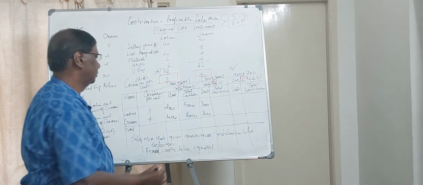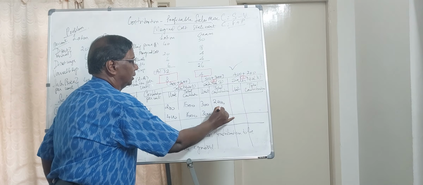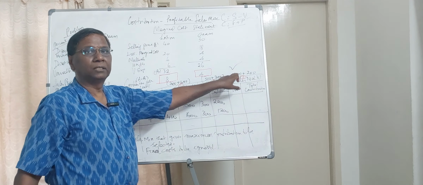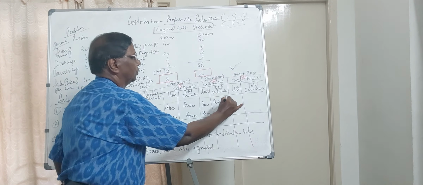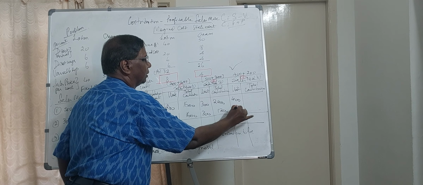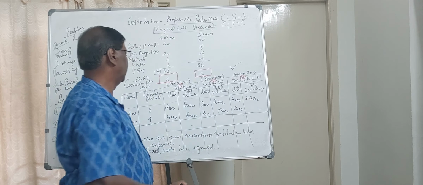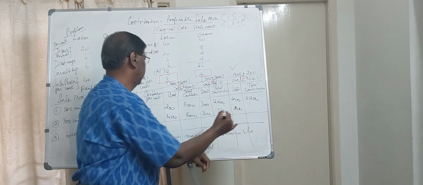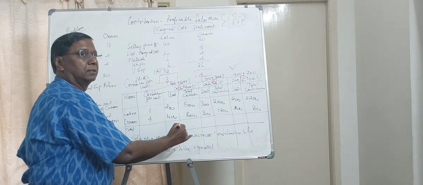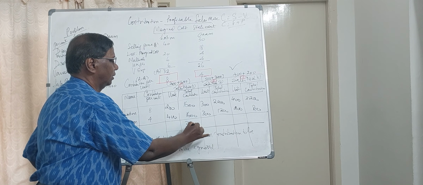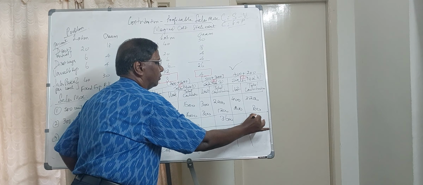Here 300 into 8 is 2400, and 300 into 4 is 1200. Just total it up, which gives 3600. In the third case, 400 of lotion and 200 of cream: 400 into 8 is 3200, and 200 into 4 is 800. Just total it up, and here it is 4000.